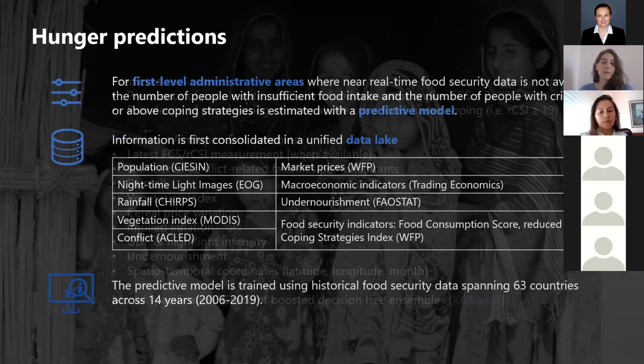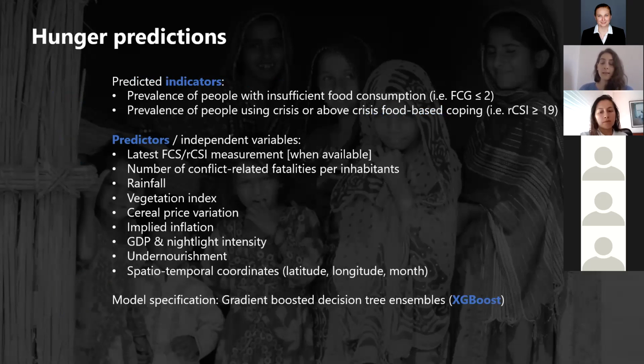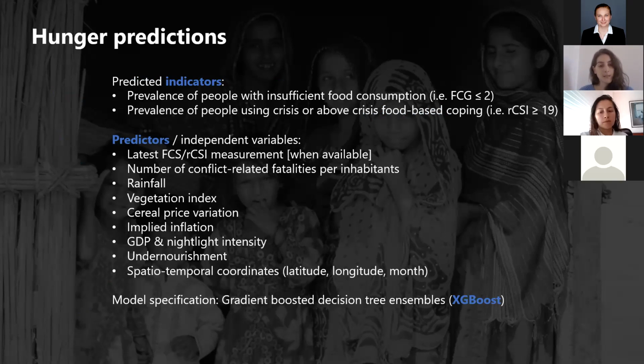So to go a little bit more into the details of the model, first of all, what do we try to predict? There are 2 indicators that we are mostly interested in. The first one is about food consumption, basically the prevalence and the number of people with insufficient food consumption.